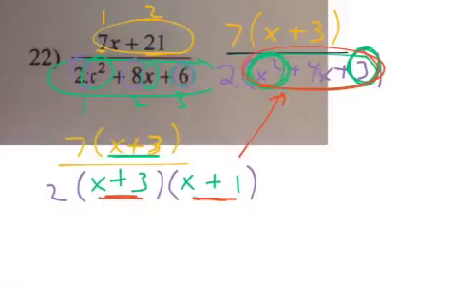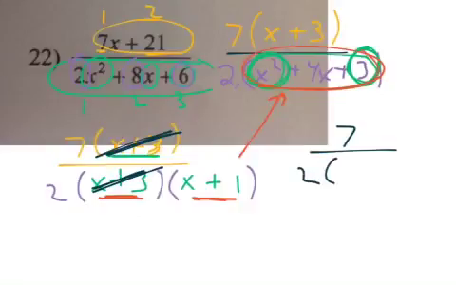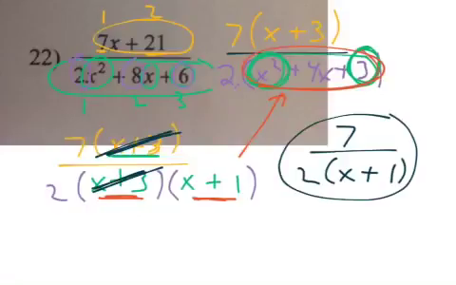So now finishing up my problem, x plus 3 divides with x plus 3 and makes 1. And what I'm left with is just simply 7 divided by 2 times x plus 1. And that's the most I can simplify that expression. So pause the video if you need to, guys, and see if you understand all the steps I did to simplify this rational expression.